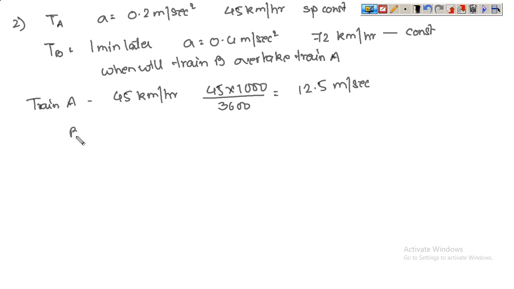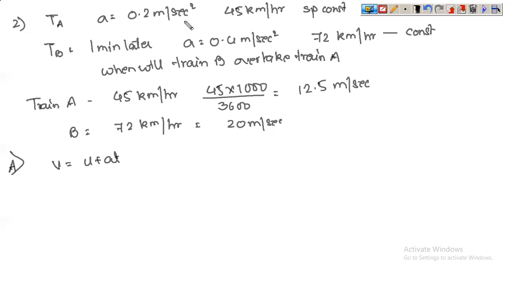Now similarly for train B, this is 72 kilometer per hour. So this comes out to be 20 meters per second. Now for train A, v is equal to u plus at. We need to find out the time until which the train will be accelerating, because there are two motions of the train.